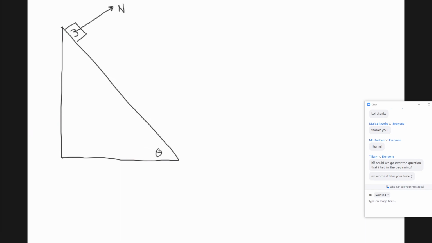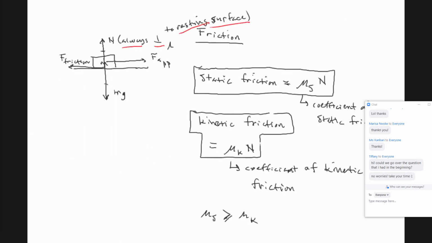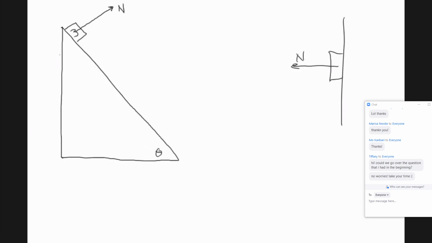So if you have an object on a wall, your normal force is perpendicular to that wall. So it's perpendicular to the resting surface. Okay.